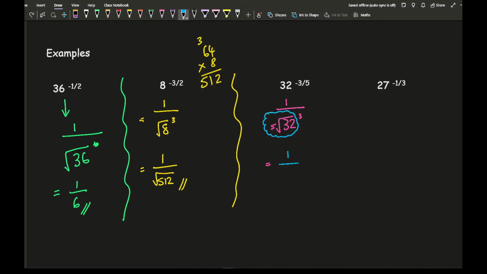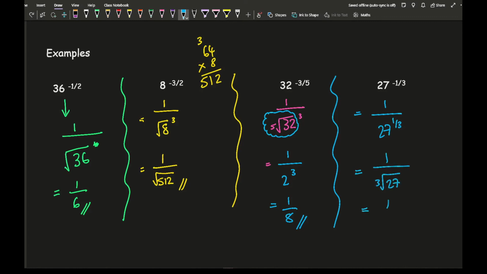So here I've got 1 over 2 cubed, and then I just do the cube of 2, which gives 1 over 8. And then finally, 27 to the power of minus 1 over 3, well, that's going to be 1 over 27 to the power of a third. Anything to the power of a third just means the cube root of 27. The cube root of 27 is 3, so there is my final answer.